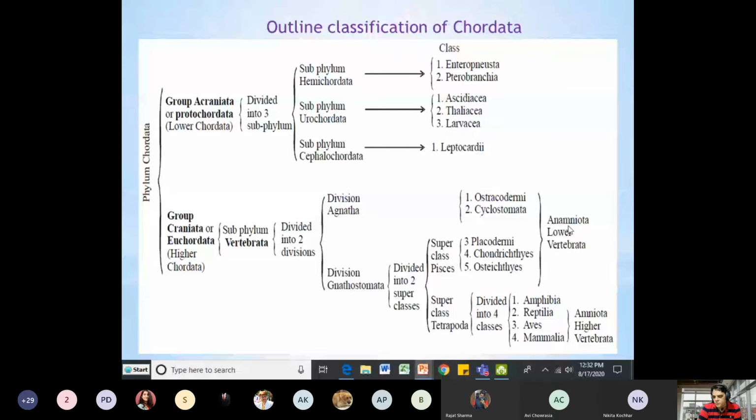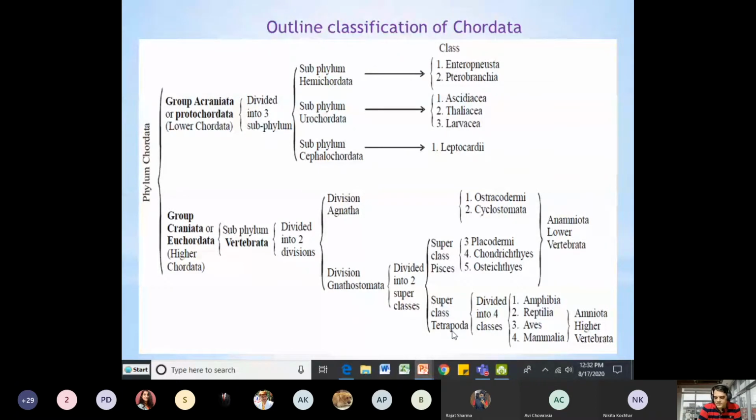That means they do not have extra-embryonic membranes like chorion, allantois, and yolk sac, which play a vital role in embryonic development in the chordates.